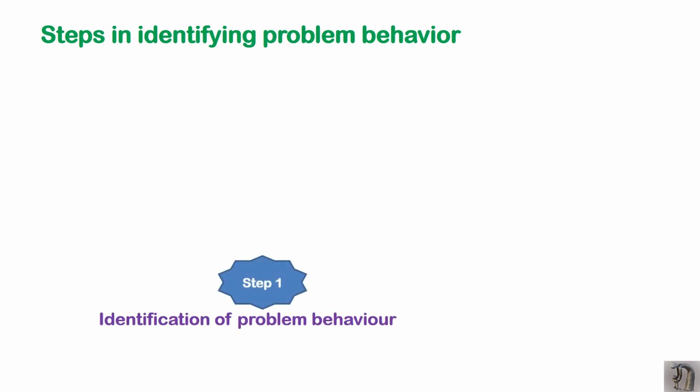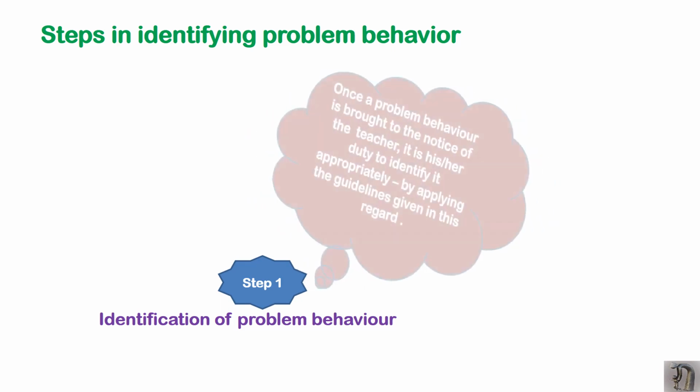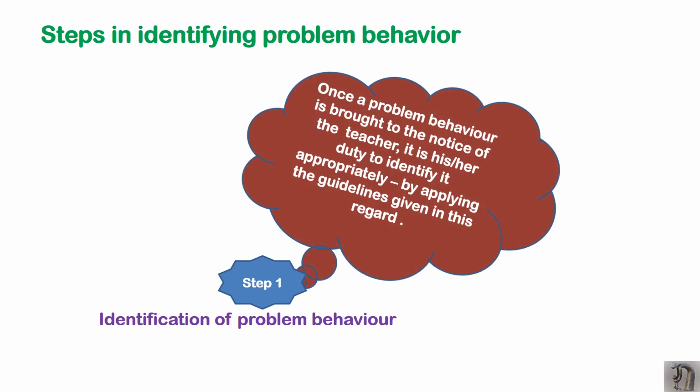Let us see the first step, identification of problem behavior. Now here, how are you going to identify the problem? These are the identifying maladaptive behaviors. Once the problem behavior is brought to the notice of the teacher, it is his or her duty to identify it appropriately by applying the guideline which you have just seen.